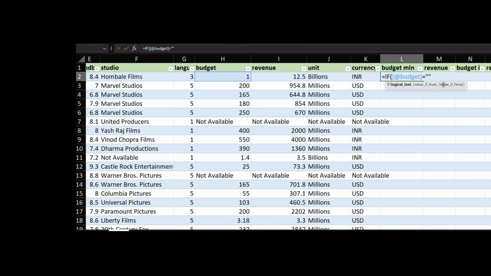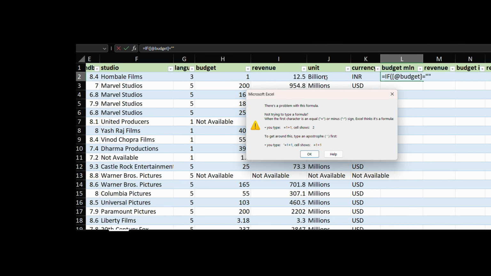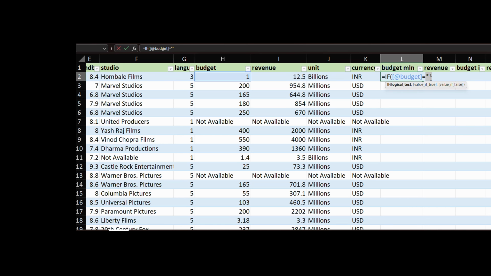If my budget is in billions, then multiply budget with 1000, because we know 1 billion equals 1000 million.